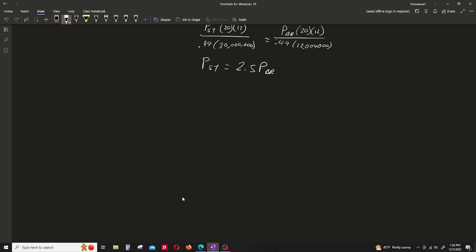And then for our equation here, we got 2.25 P bronze. That way we can have a single unknown to solve for a little bit better.